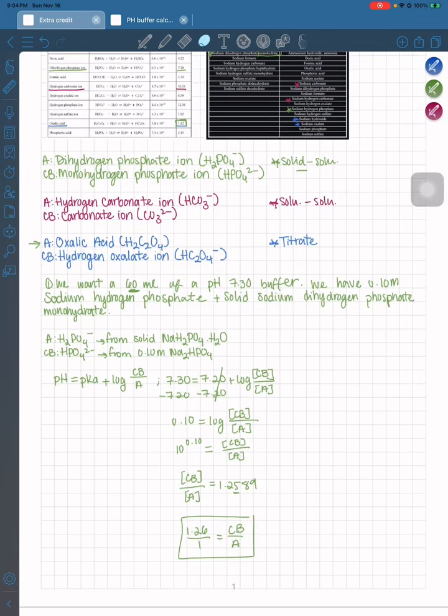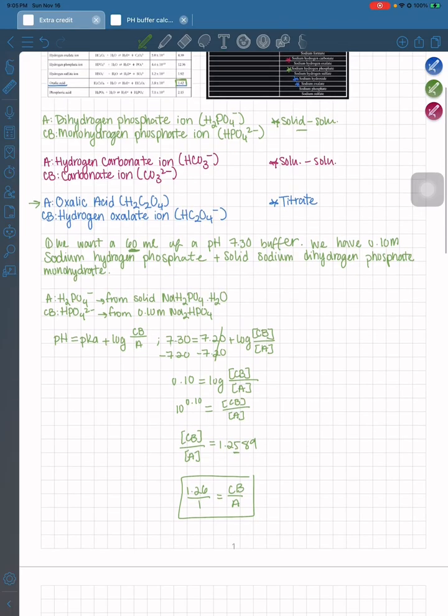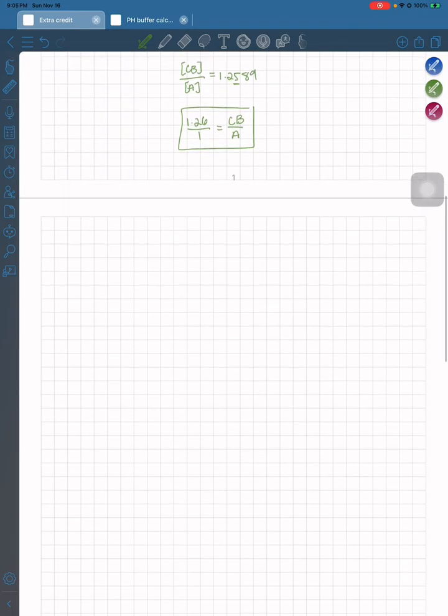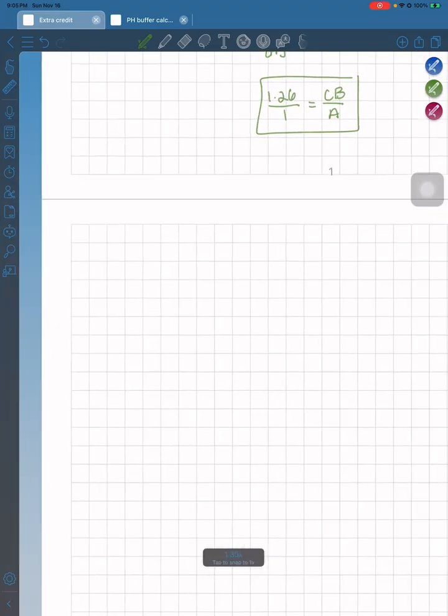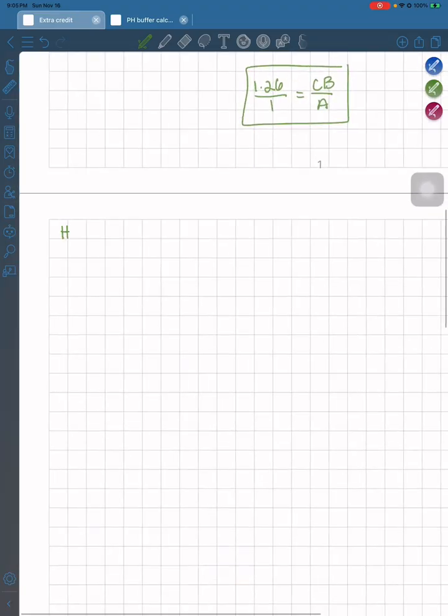Okay, now that we have our conjugate base to acid ratio, we can go ahead and find the moles of each compound used. And to do that, we start off with the moles of our conjugate base, which is HPO4 2-, monohydrogen phosphate ion, and we can set this equal to our volume of base, and we convert it to milliliters.